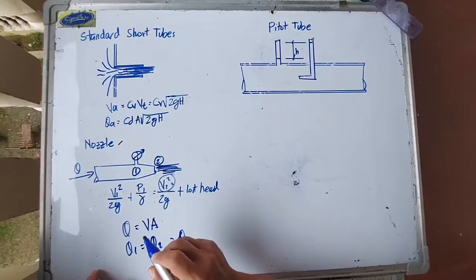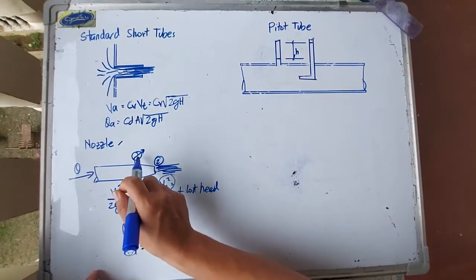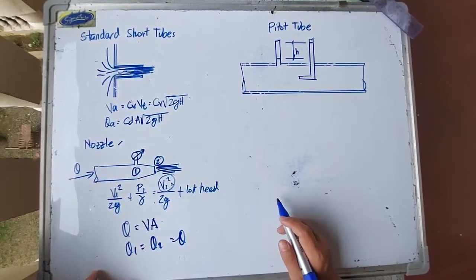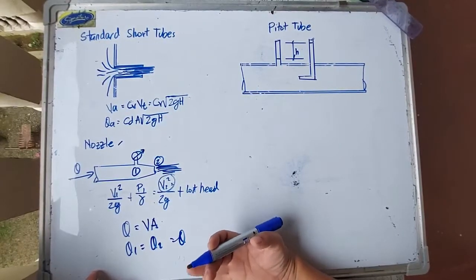So we express V1 and V2 in terms of Q. Then if we know the pressure at point 1 using the pressure gauge, we can definitely solve for the discharge in the system. That's how we solve for the discharge using a nozzle.